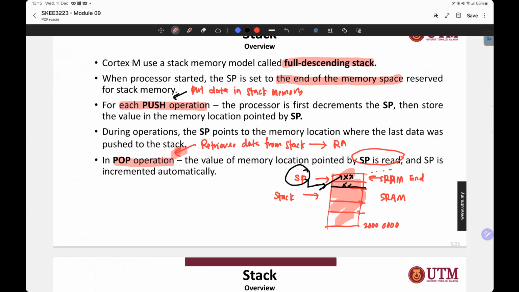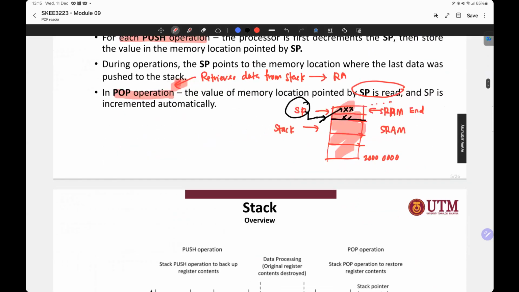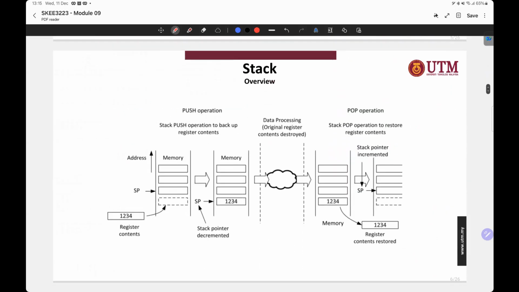Every time you push data to your stack, the stack pointer is decremented, and when you pop the data from the stack, your stack pointer is incremented. We will be looking at how the stack pointer works with examples.